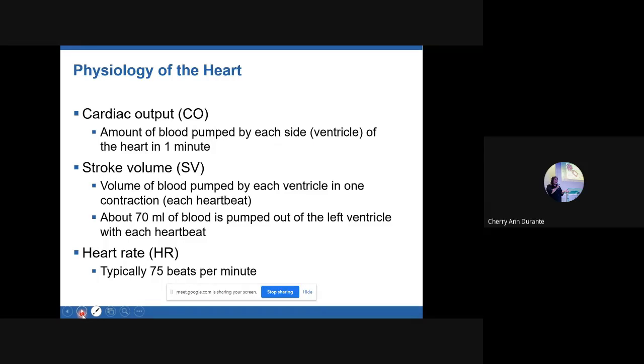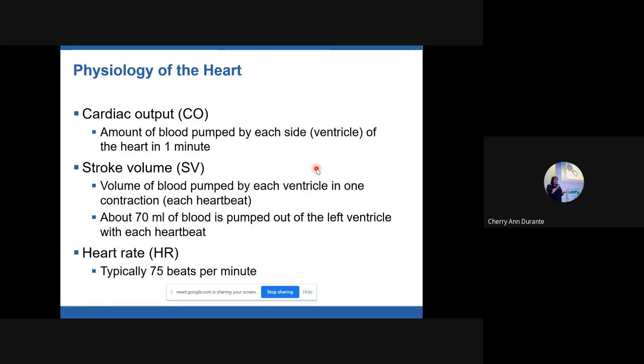So cardiac output is computed as the amount of blood pumped by the heart in 1 minute. Stroke volume, on the other hand, is known as the amount of blood pumped by the heart for every heartbeat.